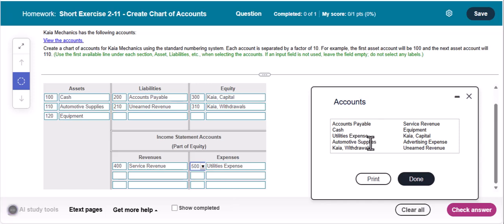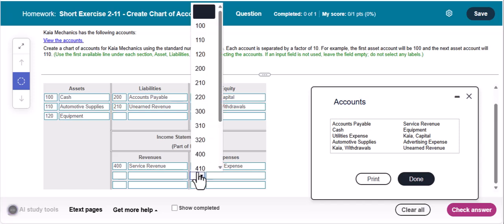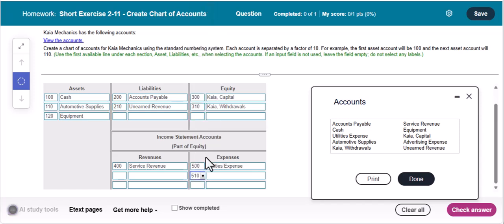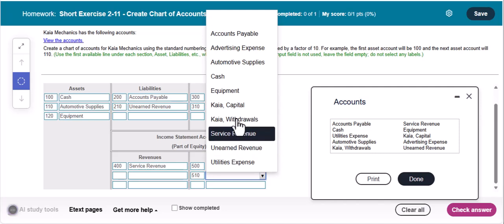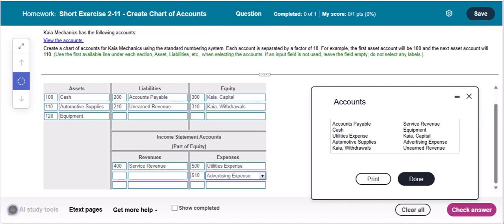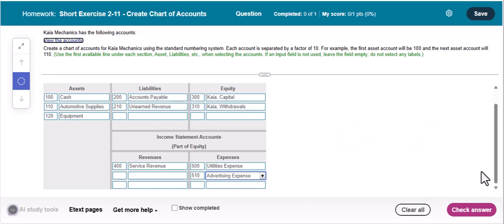So let's see. We have advertising expense as the word expense there. So that's going to be 510. Advertising expense. So let's go ahead and close out of our table and check our answer. Fantastic.